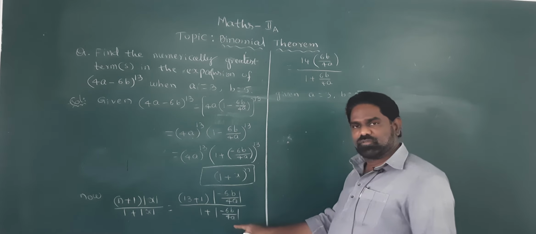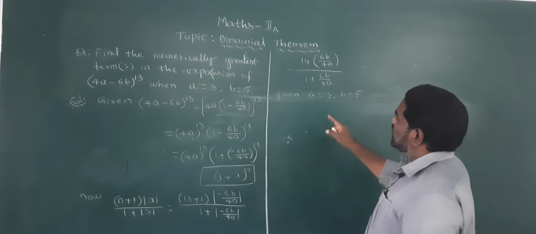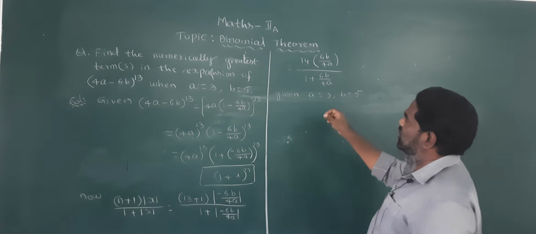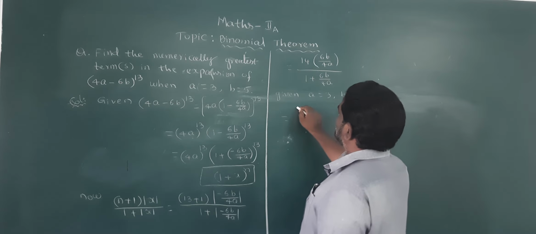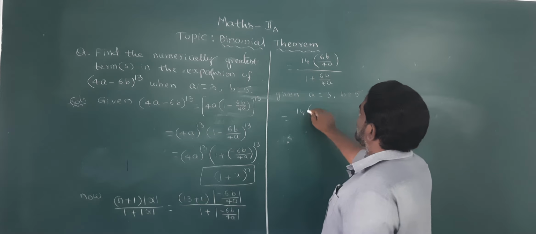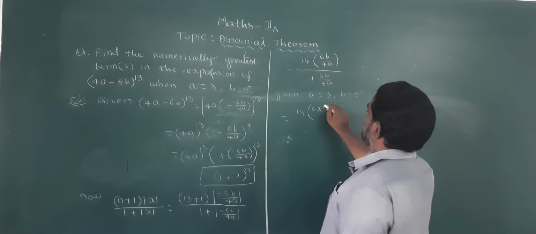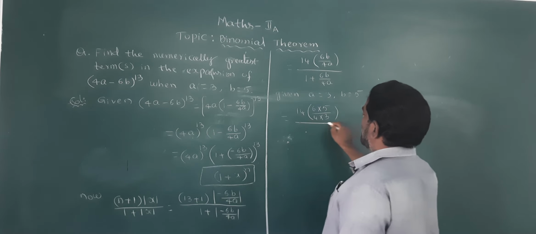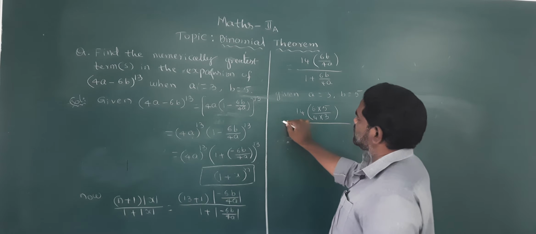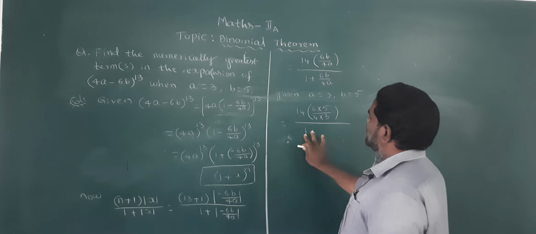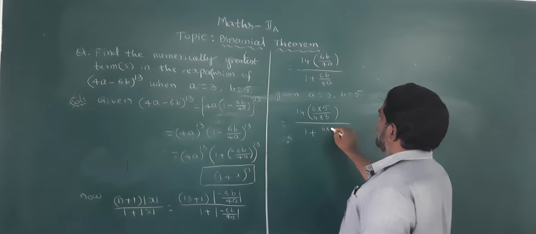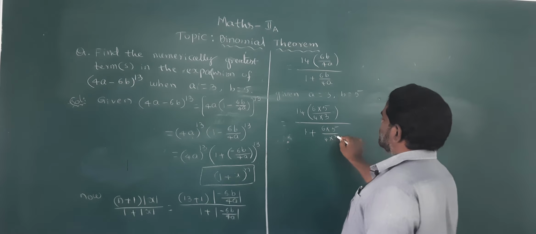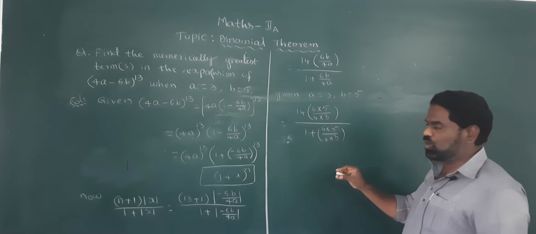In the denominator also this term is positive. But what is given? a = 3, b = 5, put here. Let us check what will come: 14 into 6 into 5 by 4 into 3, divided by 1 plus 6 into 5 by 4 into 3.